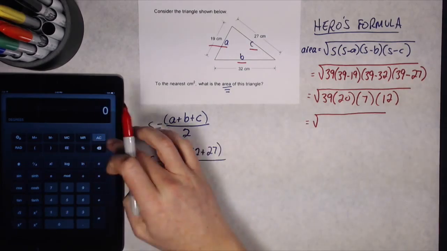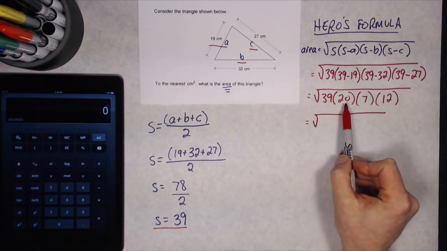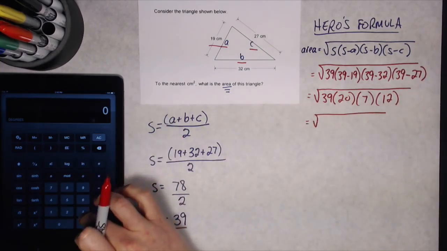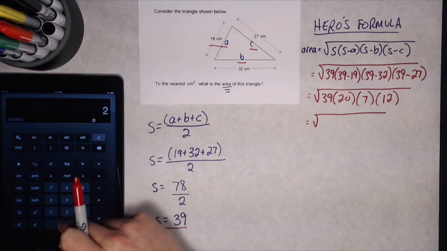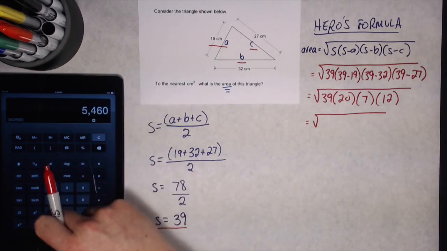So to carry out that multiplication, remember these 4 things put back to back is just 4 terms that I have to multiply. 39 times 20 times 7 times 12.